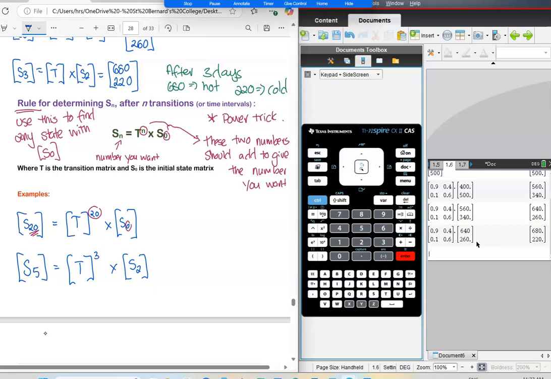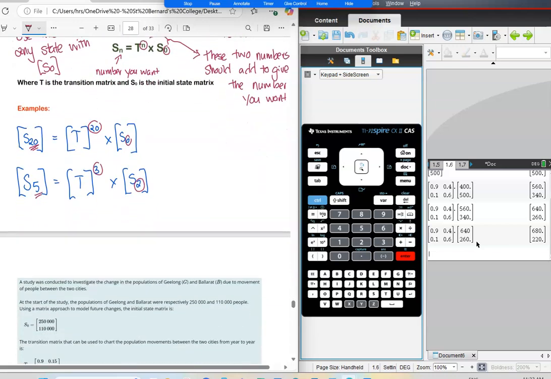So see how this 3 plus this 2 gives 5. So really, the power trick means you can get any state as long as you have one state. As long as they tell you one of the states, normally for you guys a lot of the time it's the initial, it's S0. But just so you know that you can always go ahead.